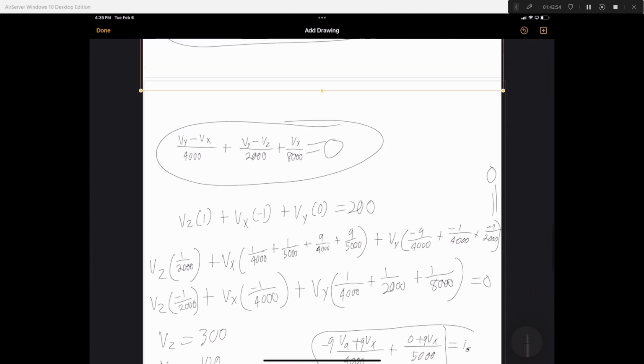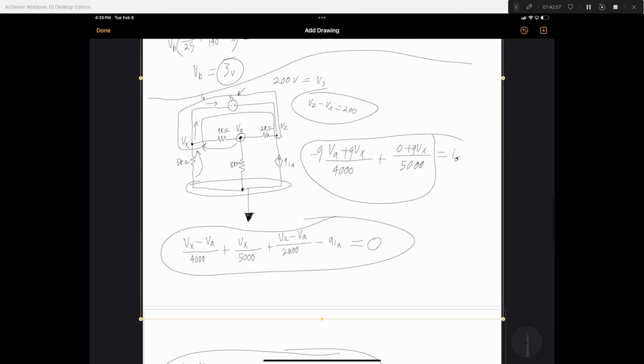So in the original equation, it's to multiply everything by -9 again. This is a minus. This is a minus. Okay. Now what does that give us? VY, which is 200, minus 100, divided by 4,000. Negative 100 over 5,000.